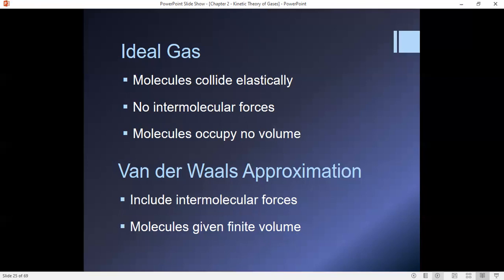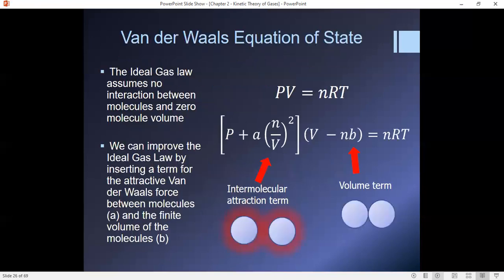Now, like any model, as the model becomes more sophisticated, the equations become harder. The ideal gas law is easy: PV equals N k_B T, or PV equals nRT. With a van der Waals approximation, we add other things. Here is our ideal gas law, nice and compact, simple, allowing us to relate the state variables: pressure, volume, number of molecules, and temperature.